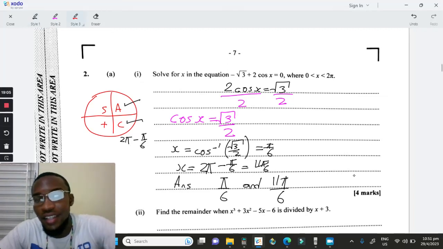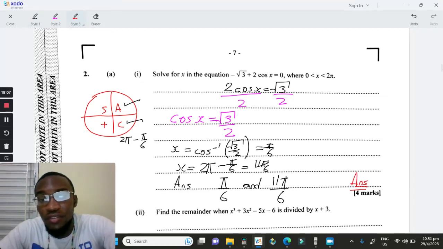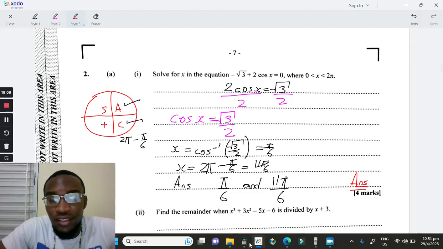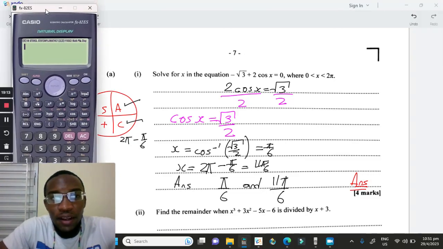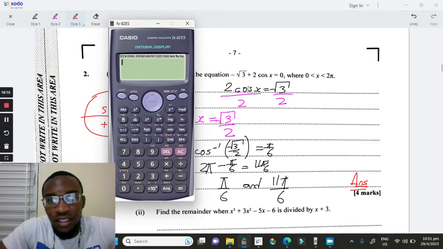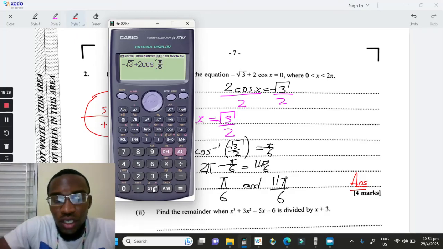That's it. Nice. Now you can always verify and check it. Bring out the calculator, checking it, putting it in the original equation, minus root 3 plus 2 times the cosine of pi over 6, that should give us 0.